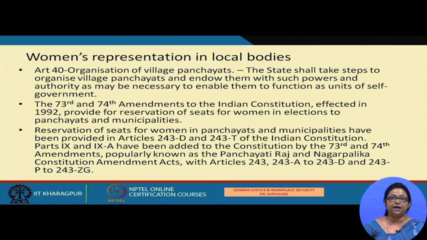Now, in this regard, there has been the 73rd and the 74th amendment, effected in 1992, whereby reservation of seats for women in panchayats and municipalities has been provided in Articles 243D and 243T of the Indian Constitution.